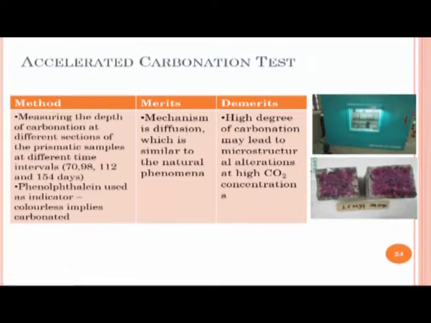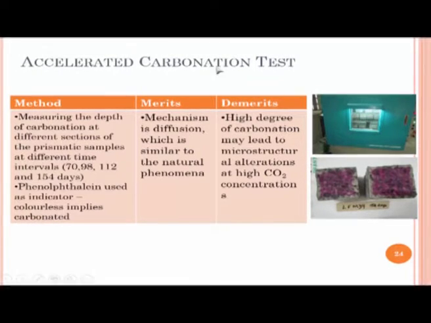Okay, you remember that phenolphthalein is an indicator which turns pink in alkaline conditions and remains colorless when the conditions are not alkaline. Carbonation is the process in which carbon dioxide enters and converts your calcium hydroxide into calcium carbonate. That means you are converting something alkaline into something that is not alkaline.